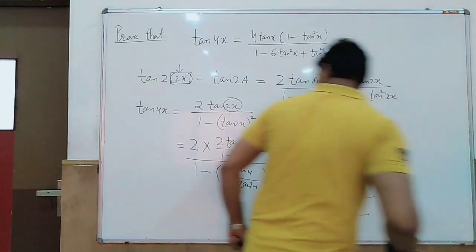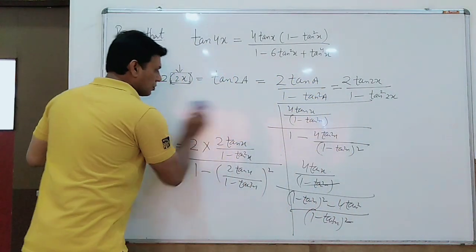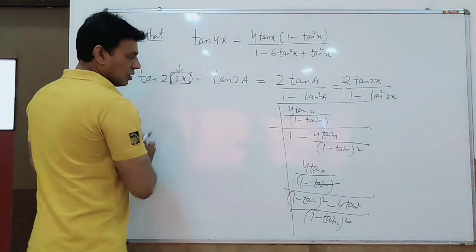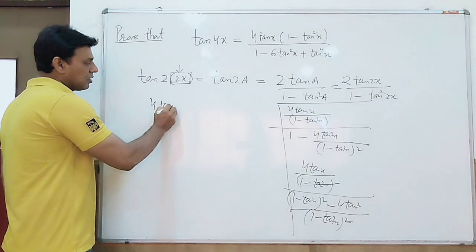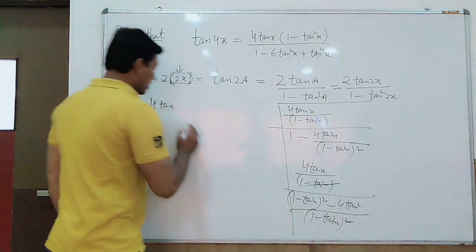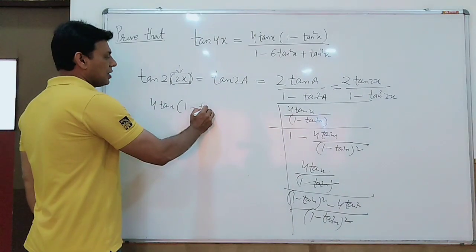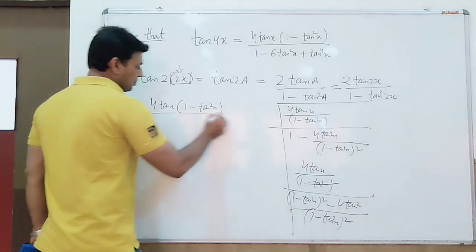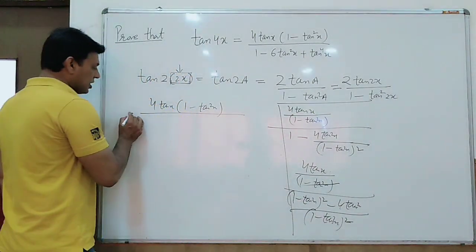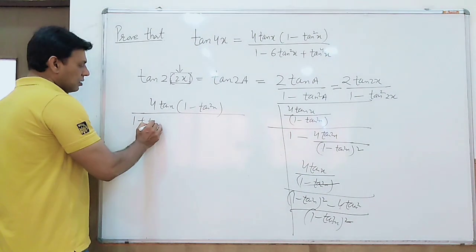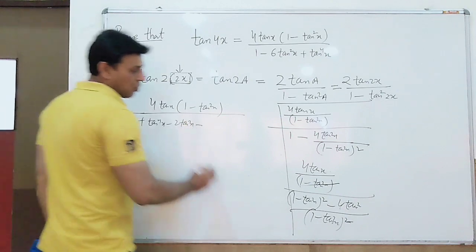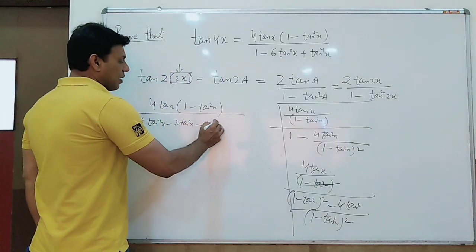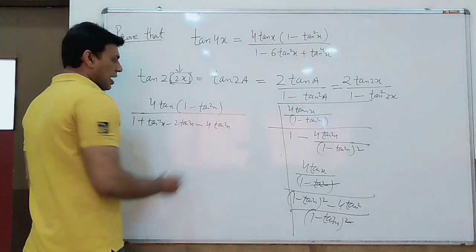So now we can write like this, 4 tan x, and this 1 minus tan square x will come in the numerator. Then we will open this square, that is 1 plus tan to the power 4 x minus 2 tan square x, and you have minus 4 tan square x.